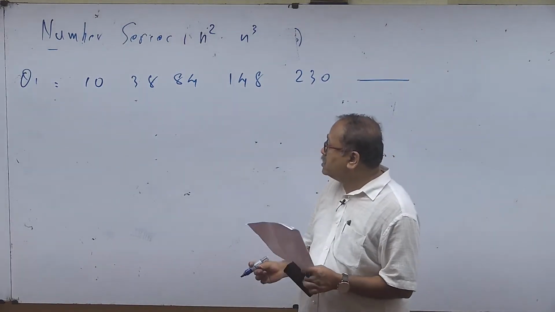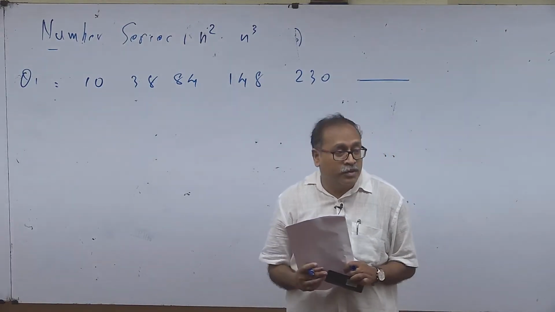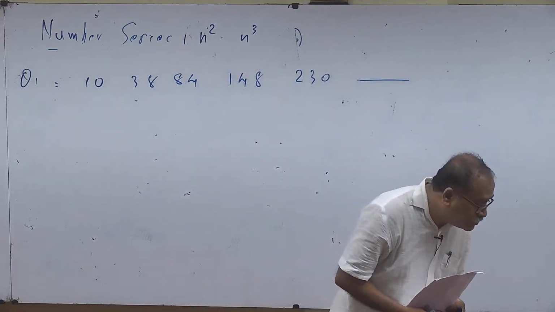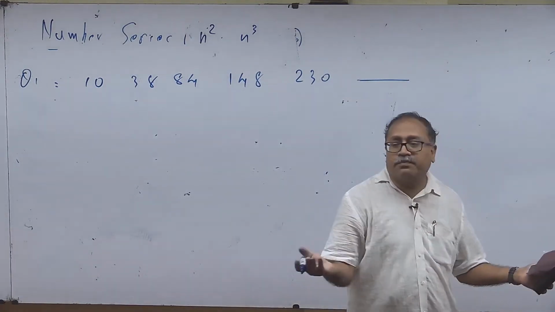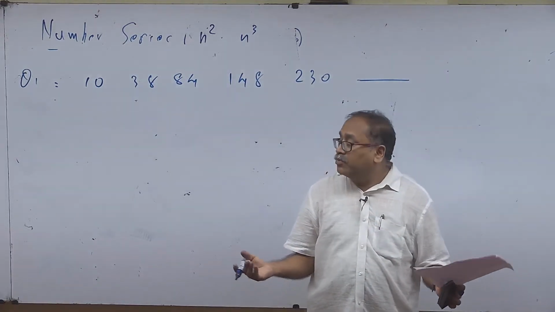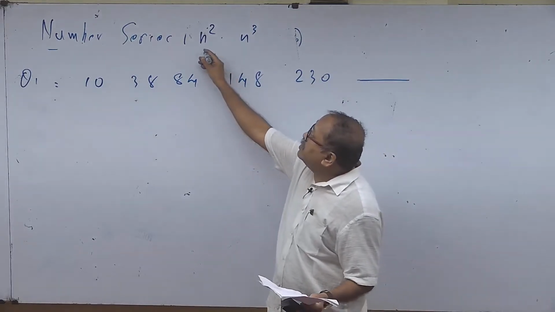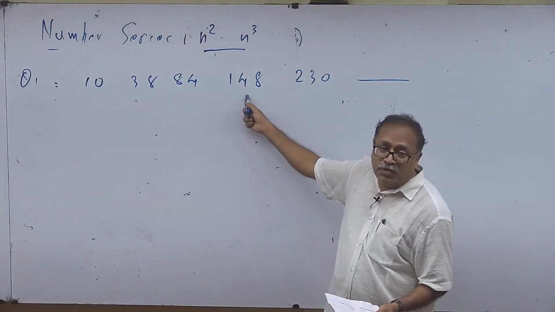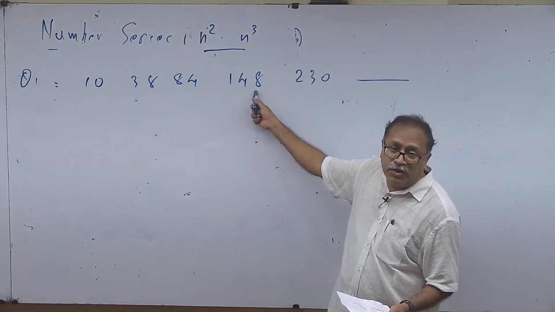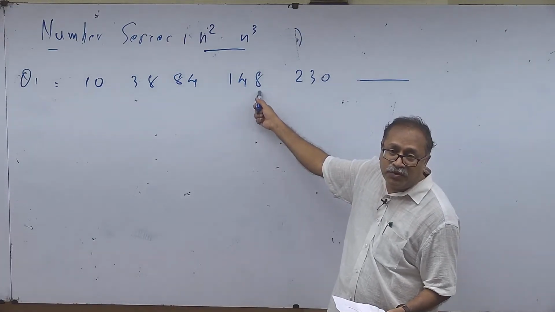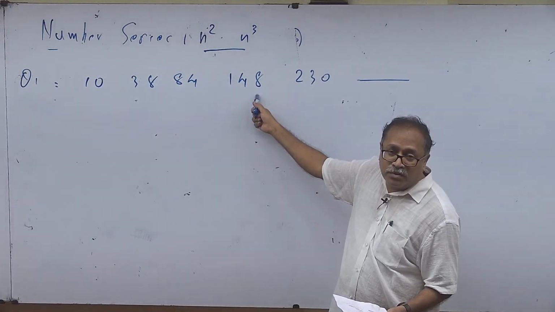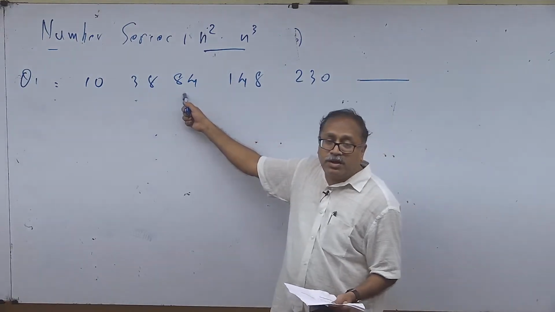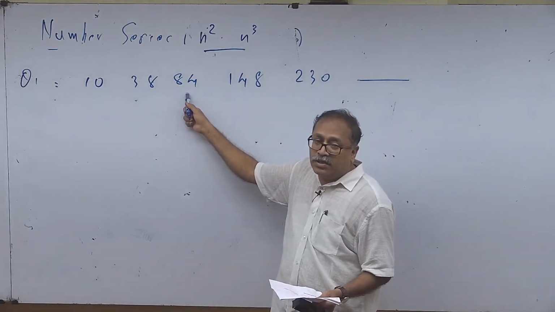What kind of numbers are these? Yes? Square plus 1. The moment we know that we are dealing with n square and n cube, and the moment I look at this one, 144 plus 4, that is 12 square plus 4. Yes or not? When I look at this number, I know 81 plus 3.